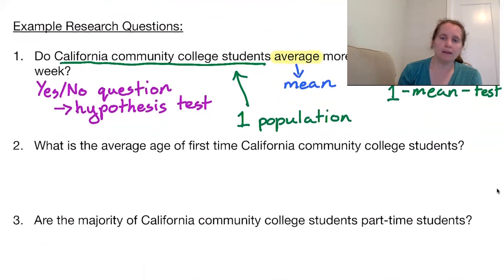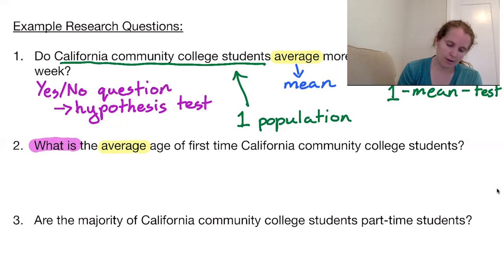Next up, again, we have average. What is the average age of first-time California community college students? We have our "what is." So we know that this is going to be a confidence interval problem.